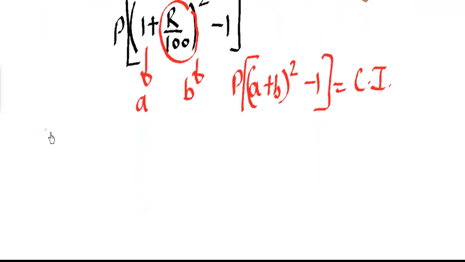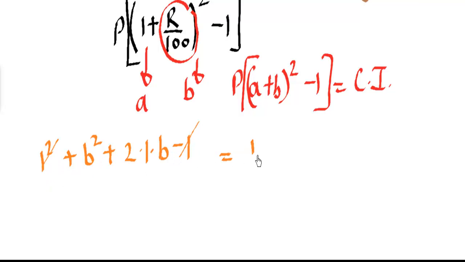So here I can write 1 square plus b square, taking b as r upon 100, plus 2 into 1 into b, minus 1. 1 square is 1, so 1 minus 1 cancels.